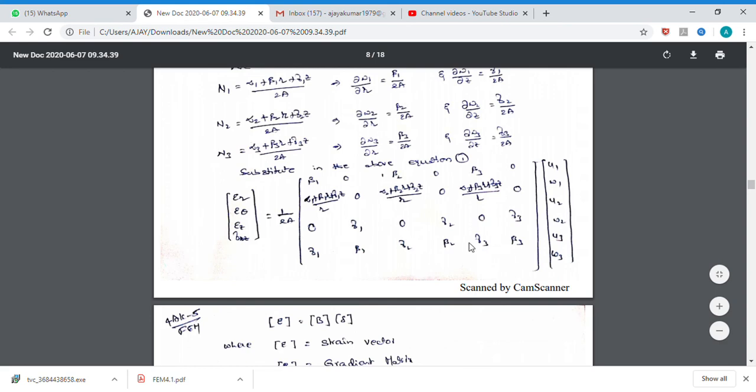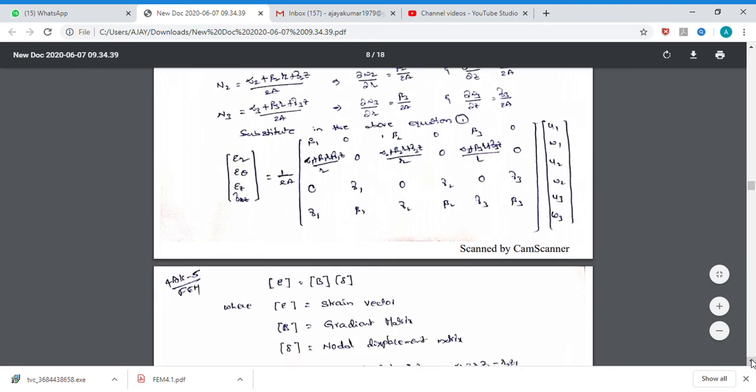Now we write strain as B into delta. This B matrix we call the gradient matrix.